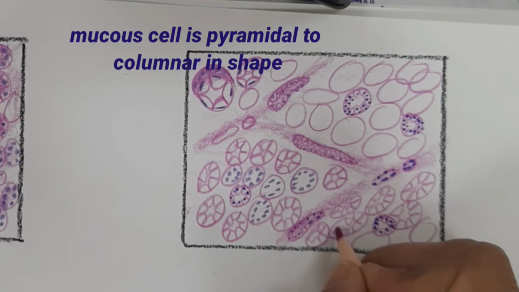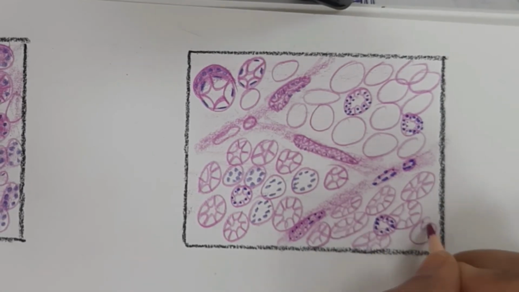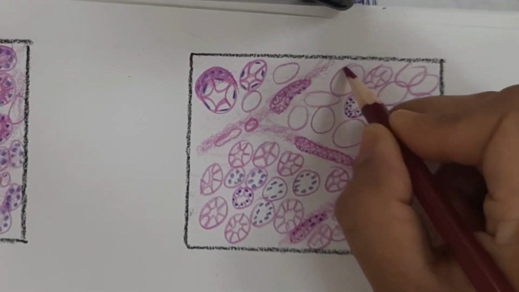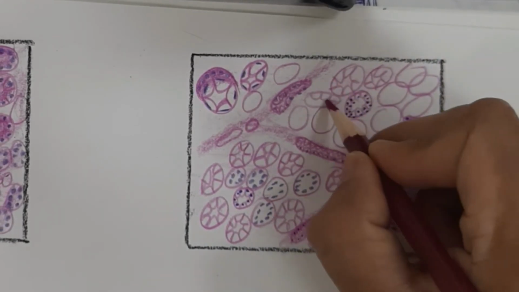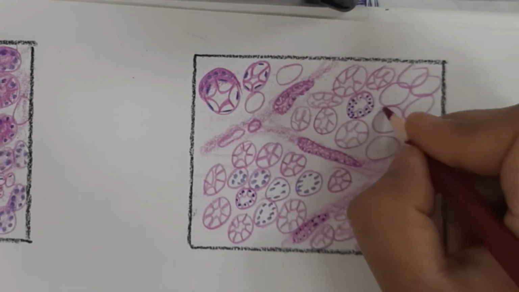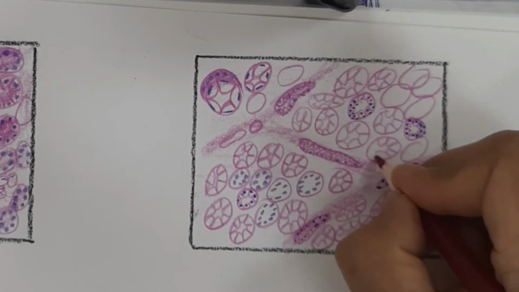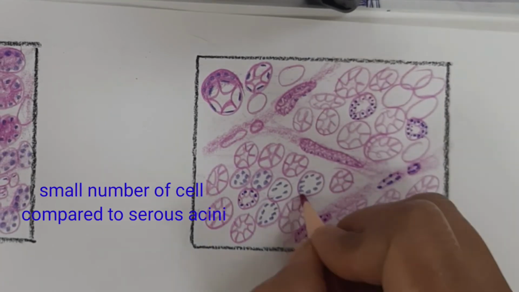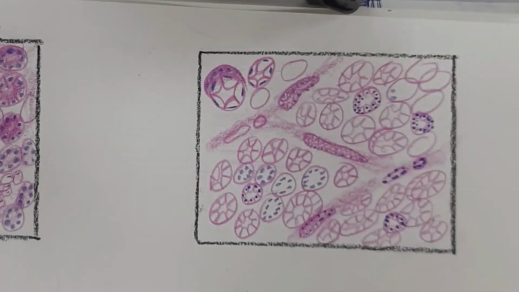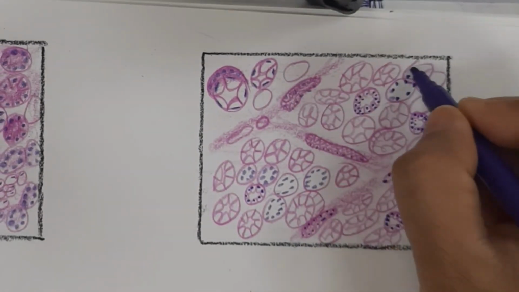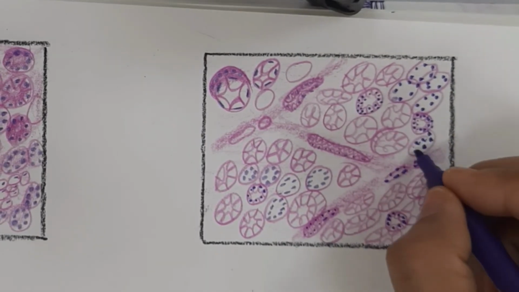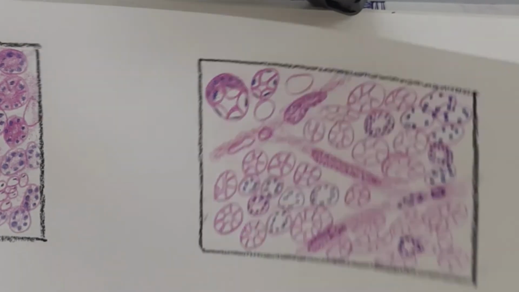In the salivary gland, there is the presence of parenchyma and stroma. The parenchyma consists of the secreting part, that is the acini, and the conducting part, that is the duct. The smaller ducts unite and form the larger duct, and terminally there is an excretory duct that excretes the product into the oral cavity, which helps in the digestion of food.